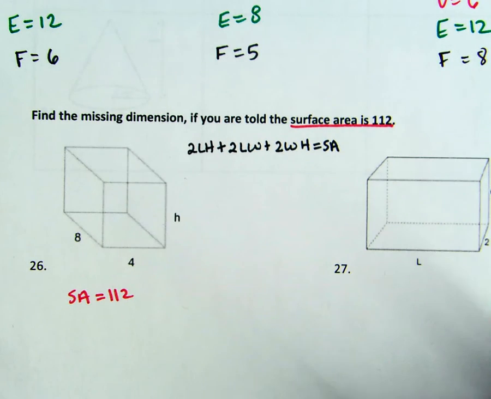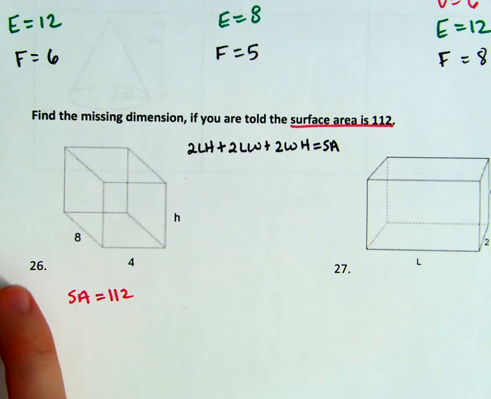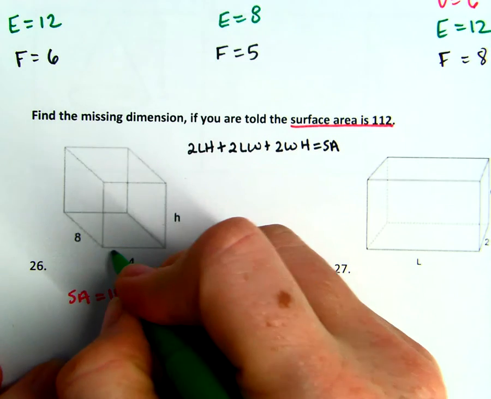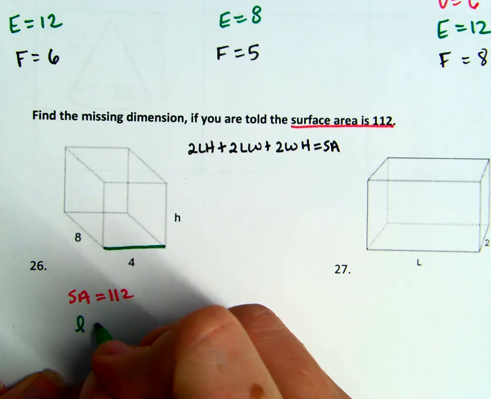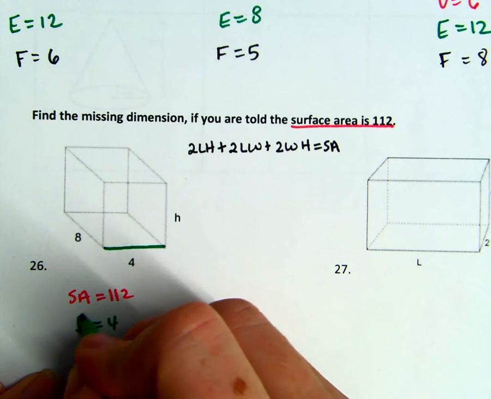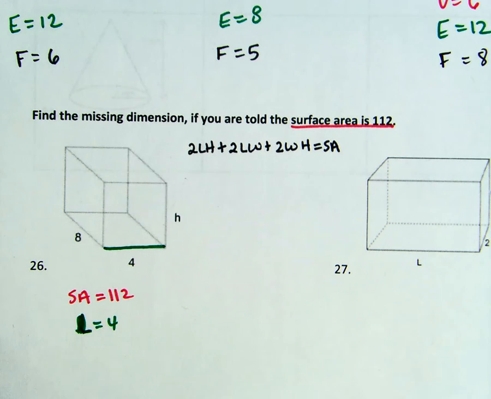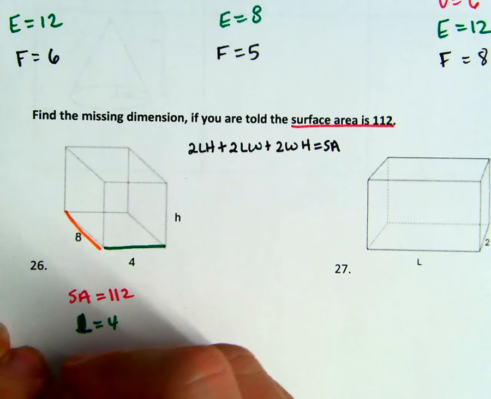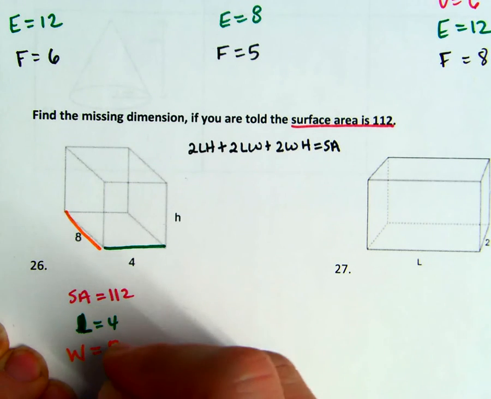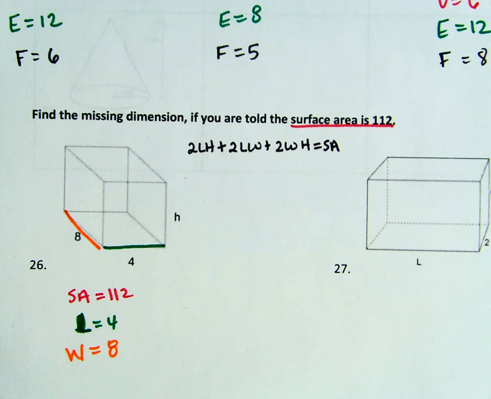Everything else should become a number. This tells me that my length is 4, and let's make that an uppercase L, and my width is 8. These are interchangeable, length and width, you could do it either way. And I don't know height.